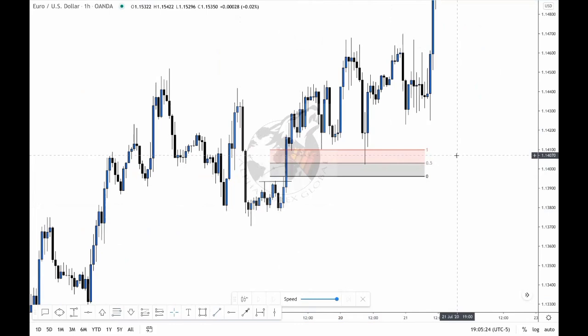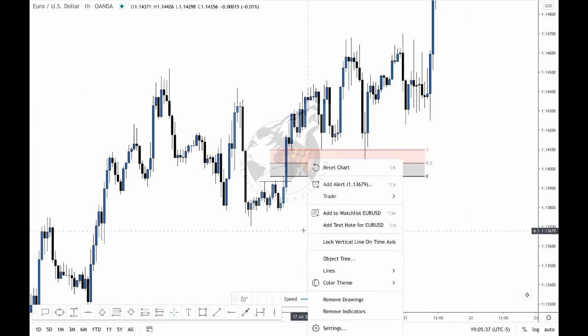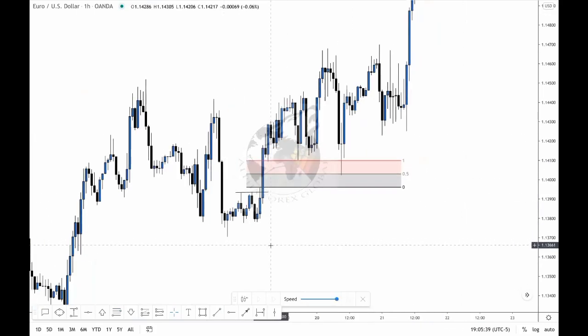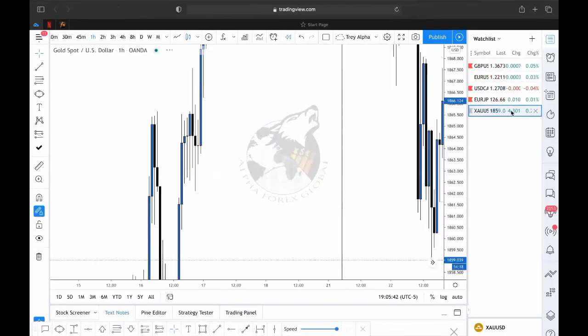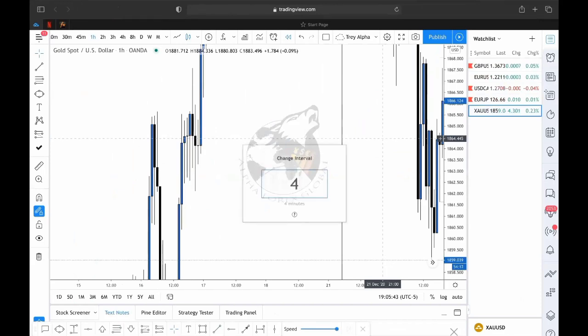All right, one thing to note, guys: if you have an inefficiency and an order block in the same place, I'm going to show you how to draw that point of interest. Let's look at this example on gold.